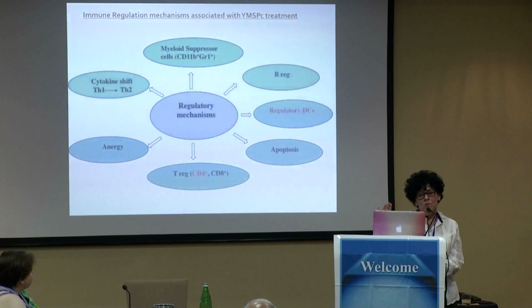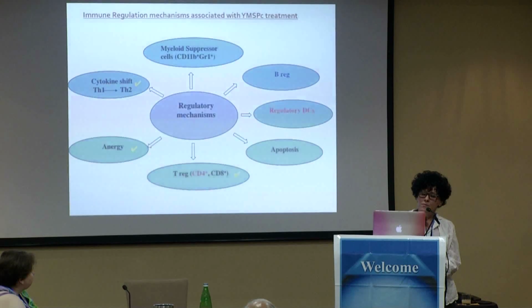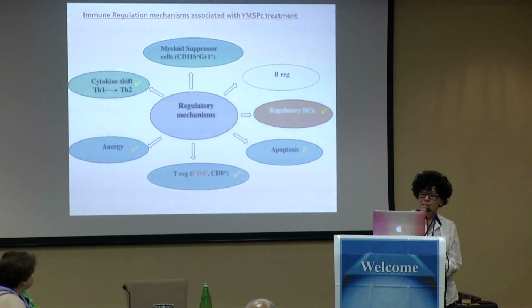So what I showed you is that administration of YMSPC is associated with several regulatory mechanisms, which include cytokine shift, anergy, upregulation of Tregs, and upregulation of regulatory dendritic cells. We are currently trying to investigate the mechanism associated with Bregs.